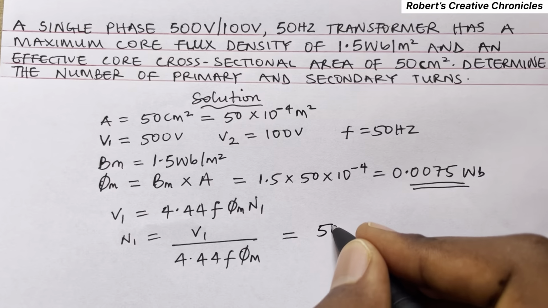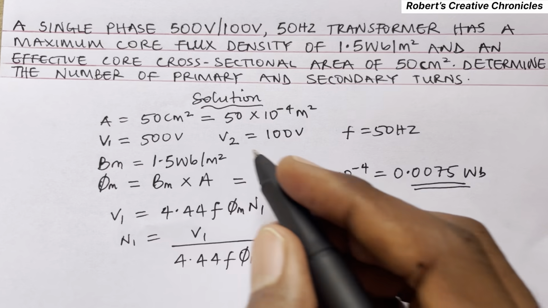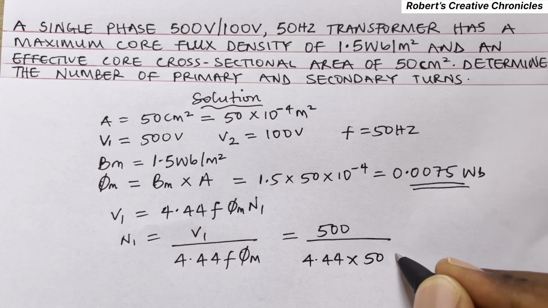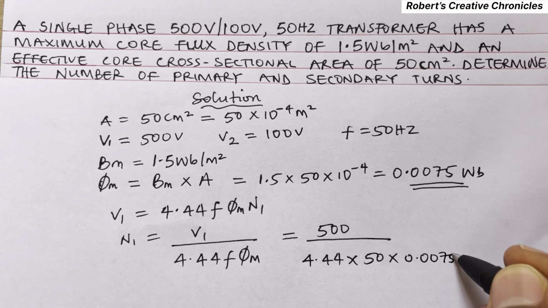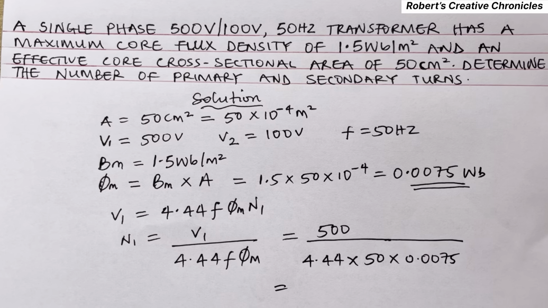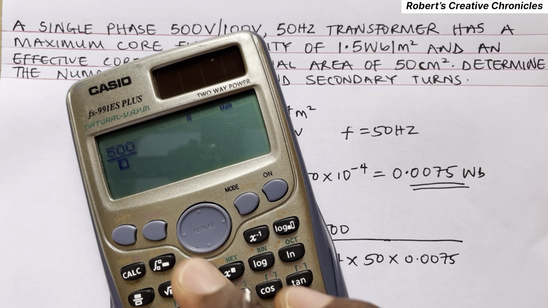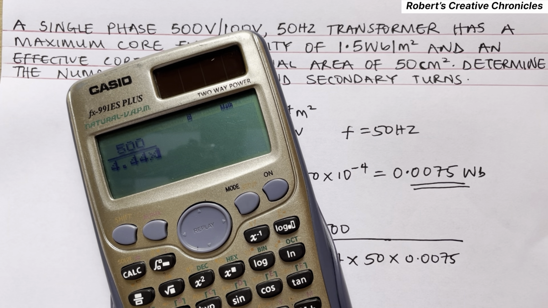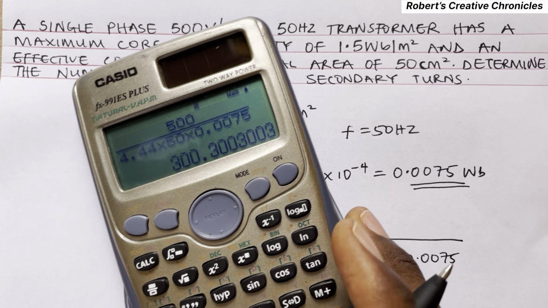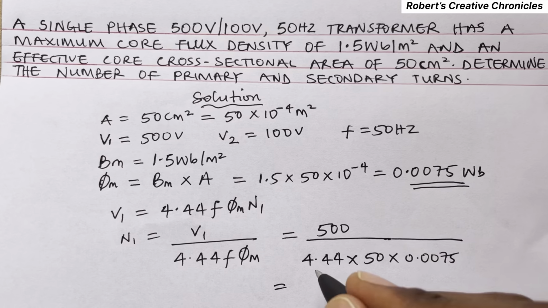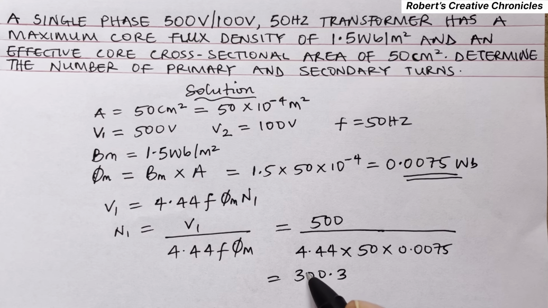It is 500 over 4.44 times what is F, the frequency, 50, times 0.0075. 500 over 4.44 times 50 times 0.0075. This is 300.3.